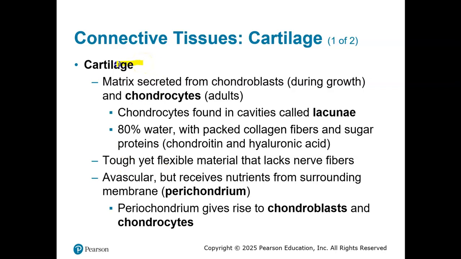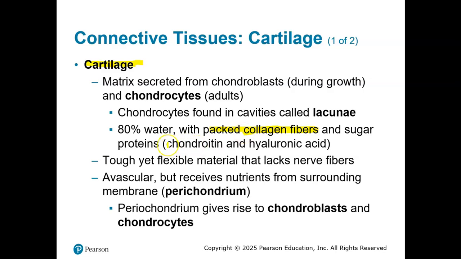Cartilage has a matrix that is composed of collagen fibers and sugar proteins. The matrix of cartilage is solid, but it's not as hard as the matrix of bone. The protein fibers in cartilage are collagen fibers because they're very strong.